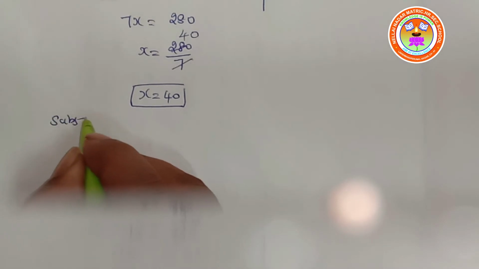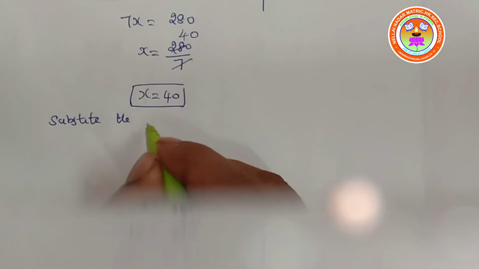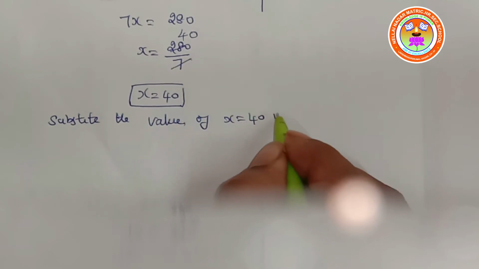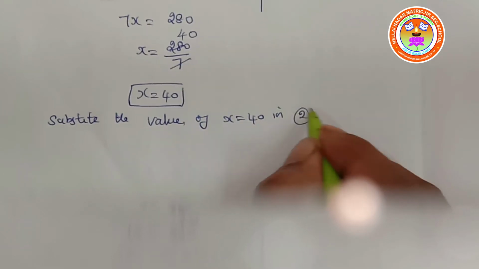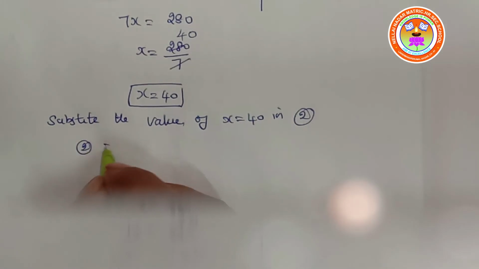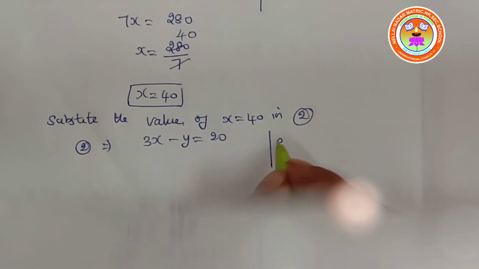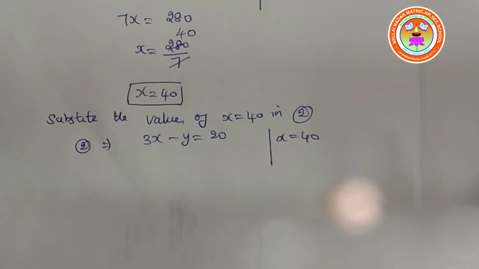Substitute the value of x equal to 40 in 2. Second equation is 3x minus y equal to 20. x equal to 40, I am going to substitute.